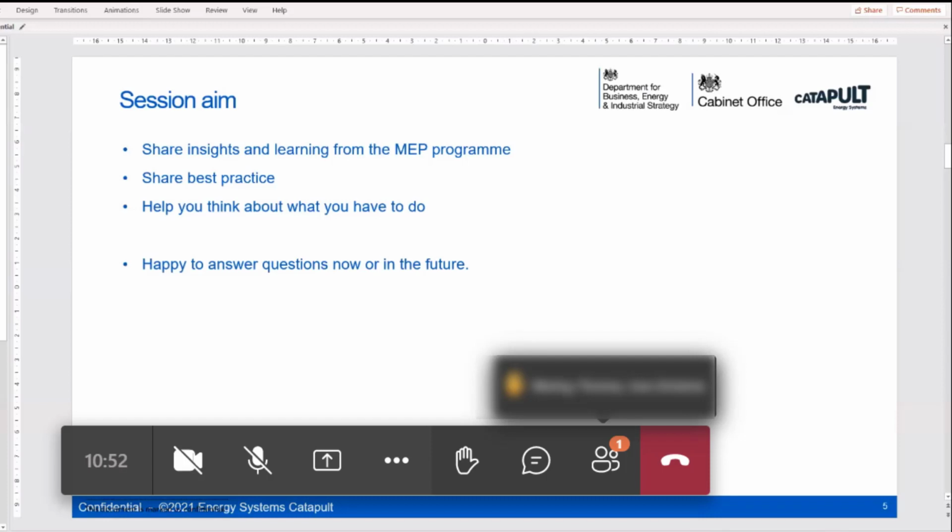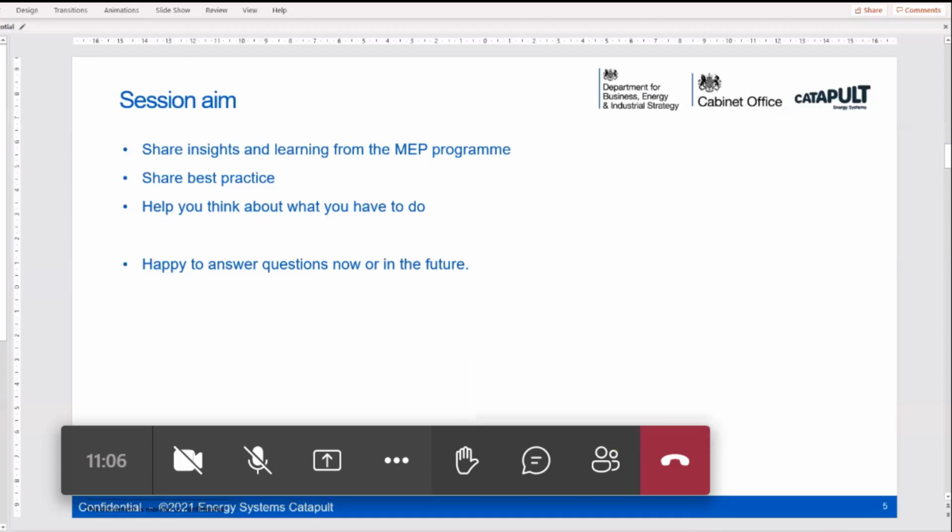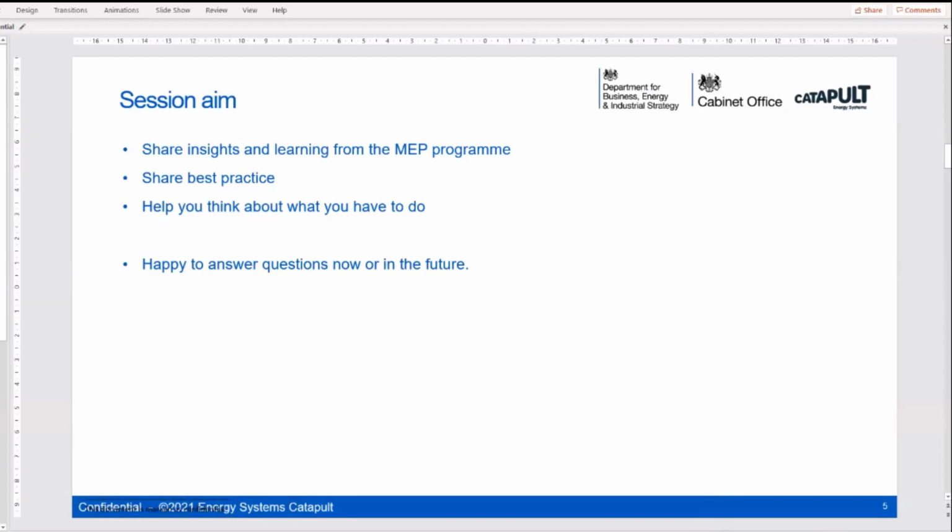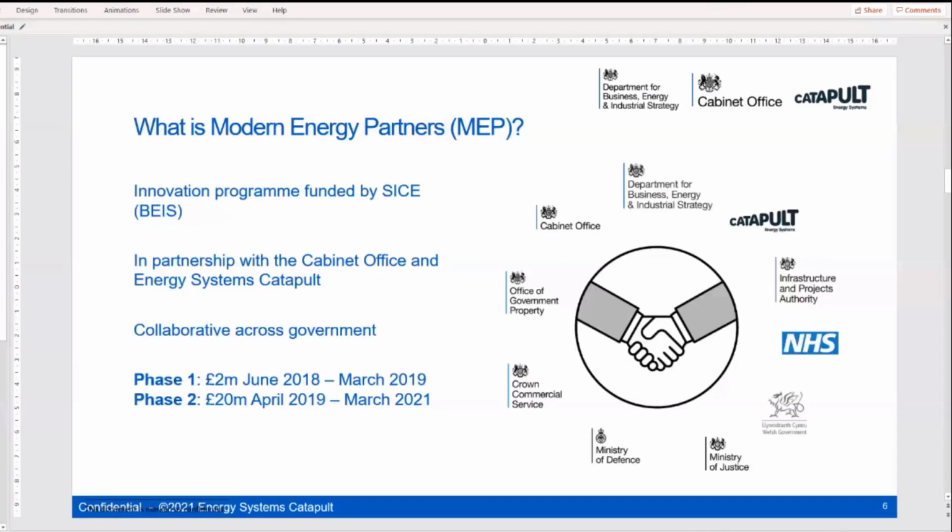So a quick introduction to Modern Energy Partners. It's an innovation program that has been funded by SICE, part of BEIS. It's in partnership with the Cabinet Office and the Energy Systems Catapult. Both myself and Richard work for the Energy Systems Catapult, and the ESC has been doing the legwork, shall we say, the delivery of the program on behalf of BEIS and Cabinet Office.